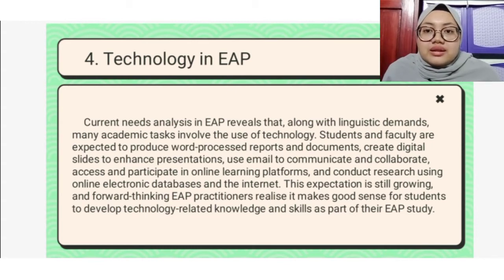Hamlyon and Hyland argue that context and purpose are what drive the teaching and research in English for academic purposes, distinguishing it from more general approaches.